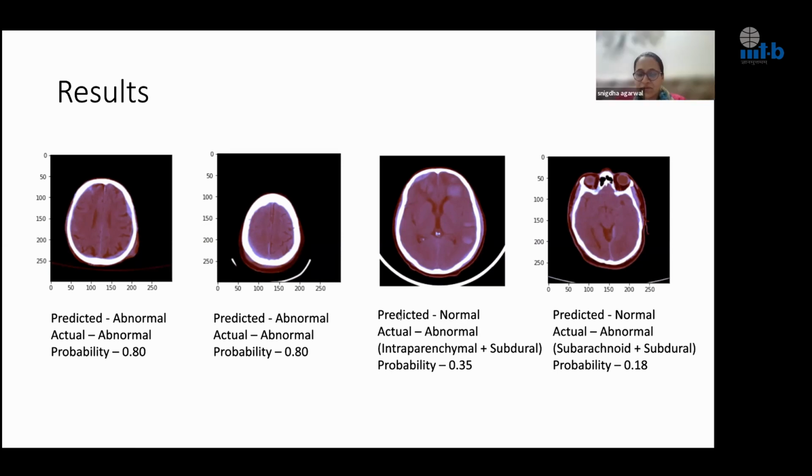Currently we have only built this model on the subdural class, and that is the reason the cases where we have a combination we are not able to do well, because we have not shown the model all the data. Right now it is only one class, so we are getting the probability of one class. But when we extend this to all the 5 hemorrhage types, then we would be evaluating a probability for each class.